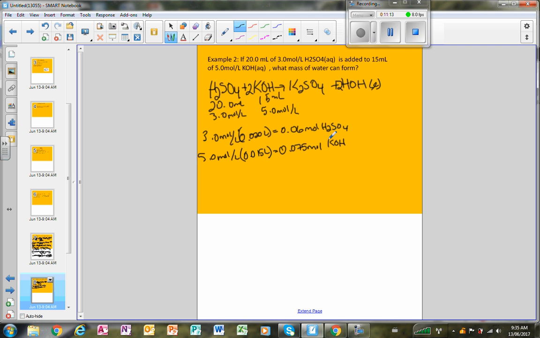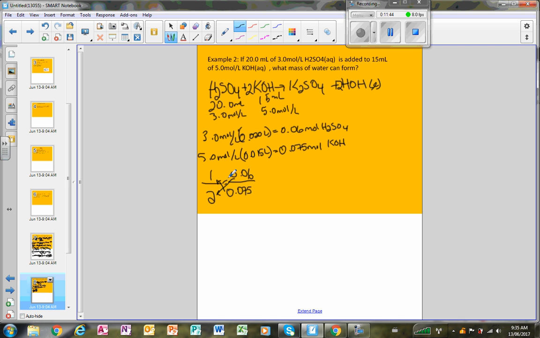Okay, so the next step, the third step, which is the mole relationship between the reactants, we're going to look at 1 mole of sulfuric acid to 2 moles of KOH from our equation here. And then we're going to compare that to the calculated amount of moles that we have, 0.06 versus 0.075. Now, the number of moles is going to be limited.